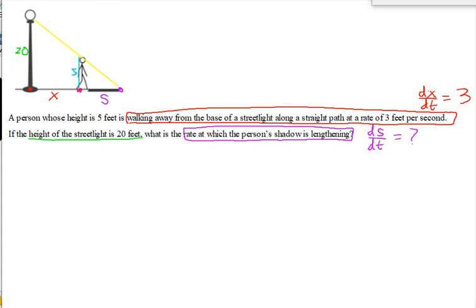In this case, notice we've got similar triangles. We've got the large triangle right here and then the smaller triangle right here. So for the large triangle, you can see you've got 20 is this side over, to get this side from here to here, that'd be adding these two lengths up, x plus s.